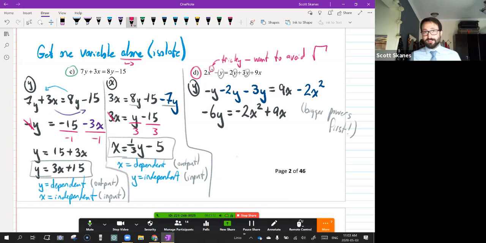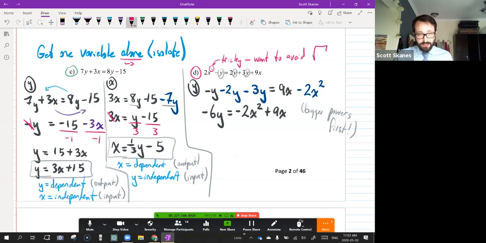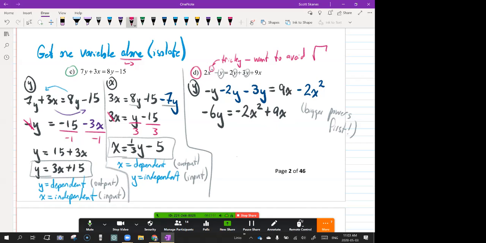How do I get y on its own? Divide by minus 6. Yeah, divide everything by minus 6. Some students, don't write this down, do this and end up confusing themselves because they find it difficult to simplify. What I'm going to suggest you do is take each term and divide it by the negative 6.